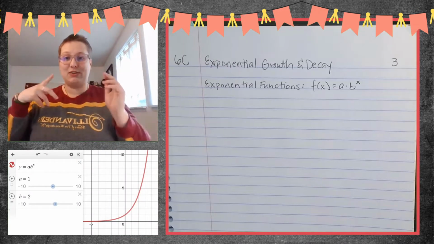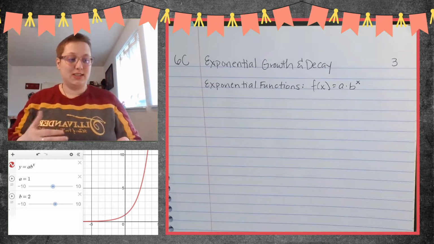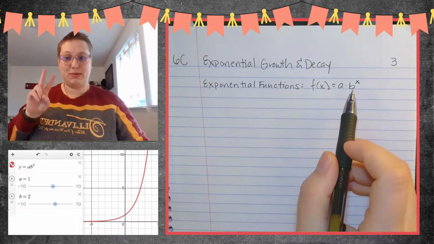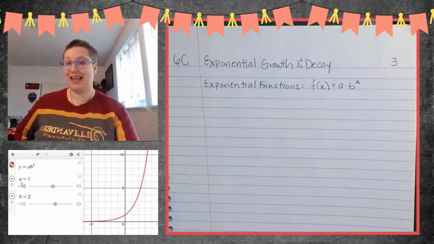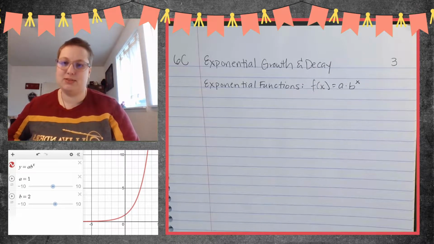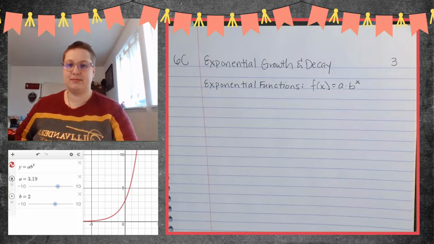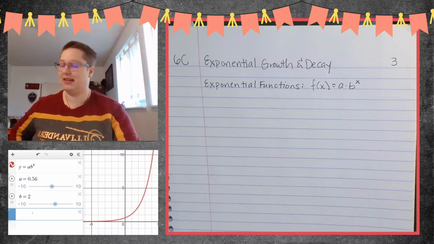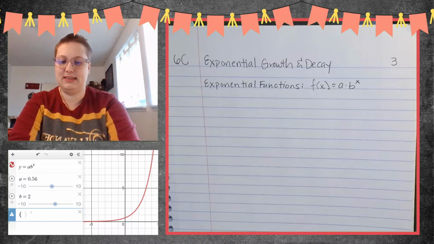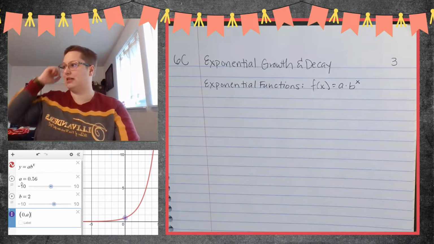Okay, so below me I have a graph. This is an exponential function where a is 1 and b is 2, and you can tell that on the left side right here. So I'm just going to press play on a and just see what happens when a changes. Okay, ready? When a is about a half, it's here at a half. Can I do a point where it's at 0? Nope, a can't be 0. I can do math. Okay, so I'm just going to press play again.